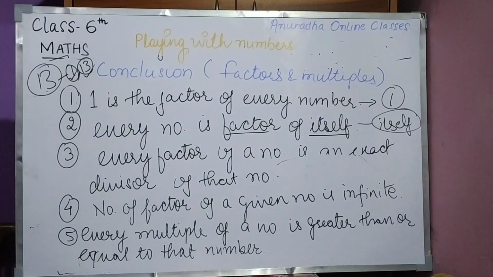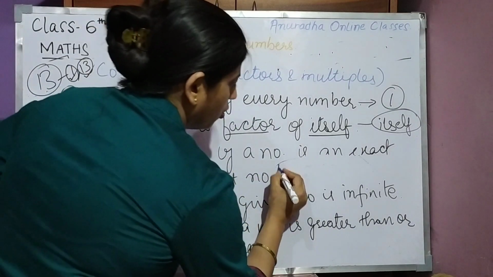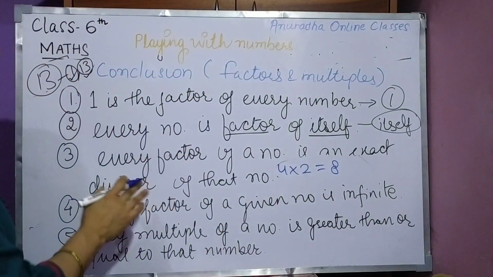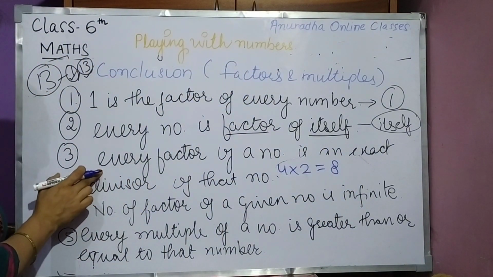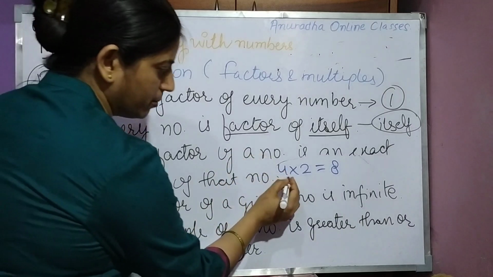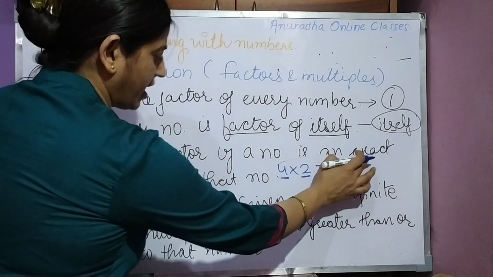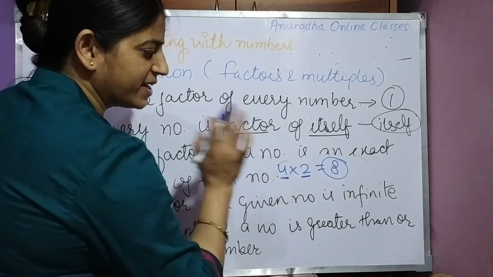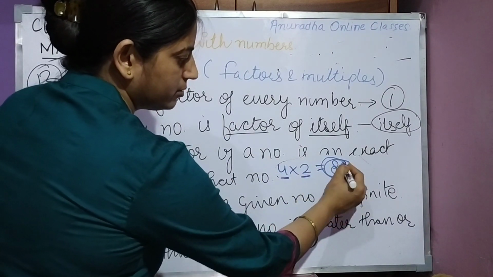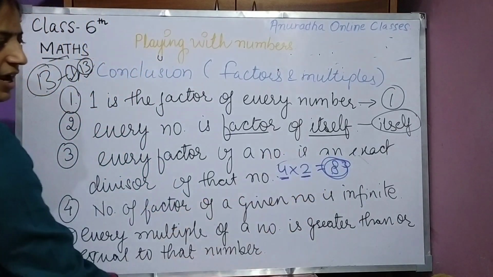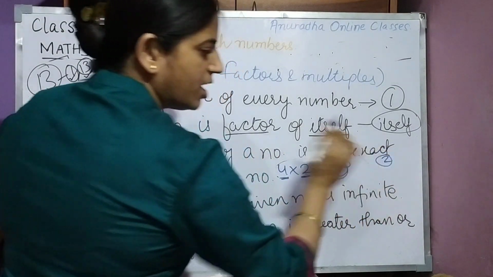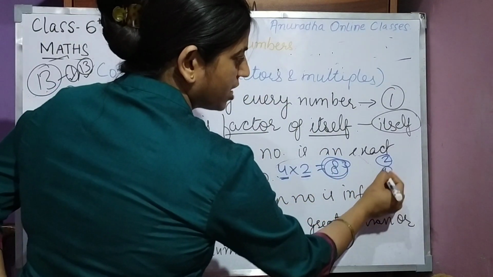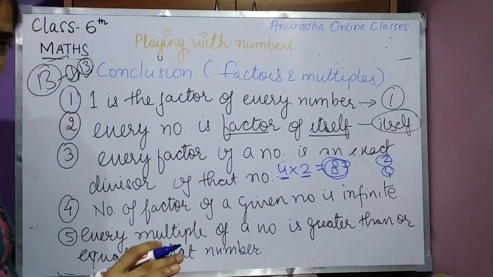I have written 4 into 2 equals 8. What this statement is saying, every factor of a number is an exact divisor of that number. These two will exactly divide this number, right? 4 will exactly divide 8, 4 2s are 8, and 2 will exactly divide 8, 2 4s are 8, right?